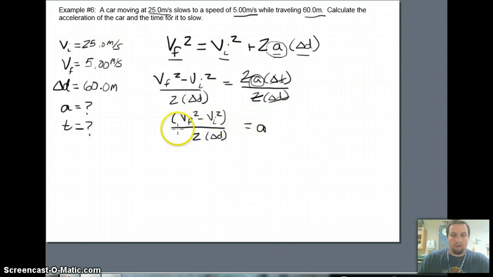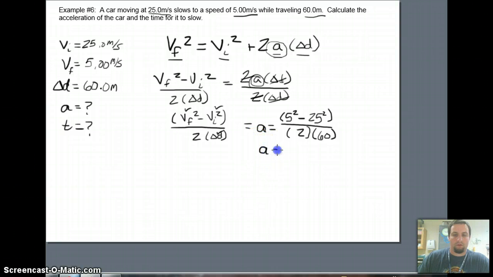Now we have our variables. Let's check VF, VI, and displacement. Those are all of our givens. So let's put the numbers in. VF is 5, so we need to square that. So 5 squared minus 25 squared, over 2 times a displacement of 60.